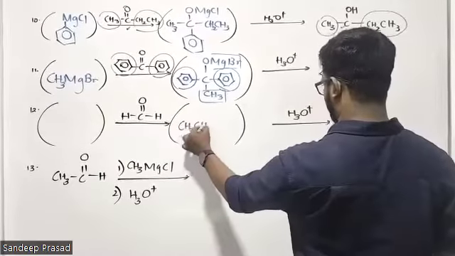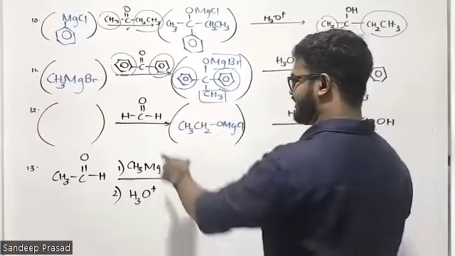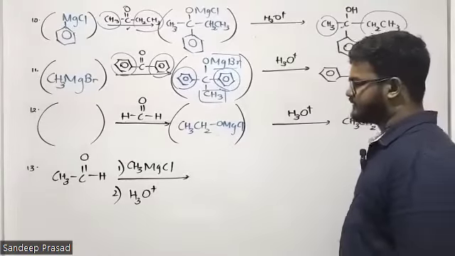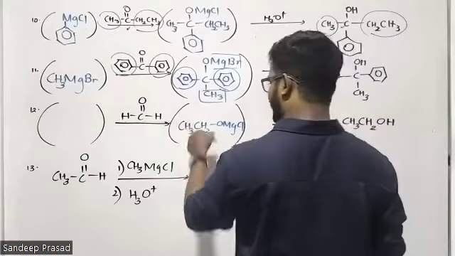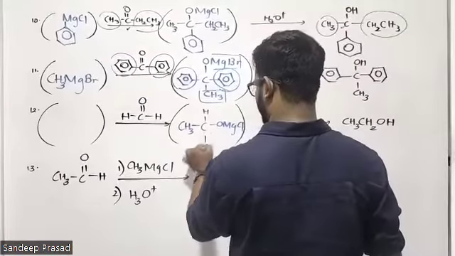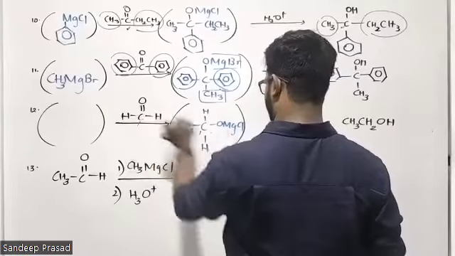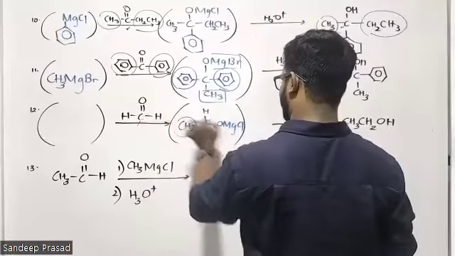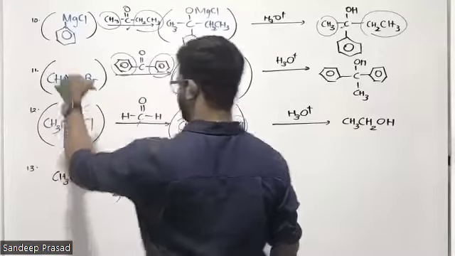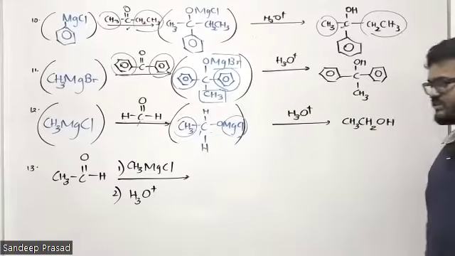CH3, CH2, OMgCl. So what is the compound that they have added? Methanal, formaldehyde. That means one carbon, two hydrogens. When you spread the bonds in this way, you can clearly see the carbon, two hydrogens, and this is the carbonyl group. Then CH3MgCl is the Grignard reagent that we added initially. See how easy these things are.